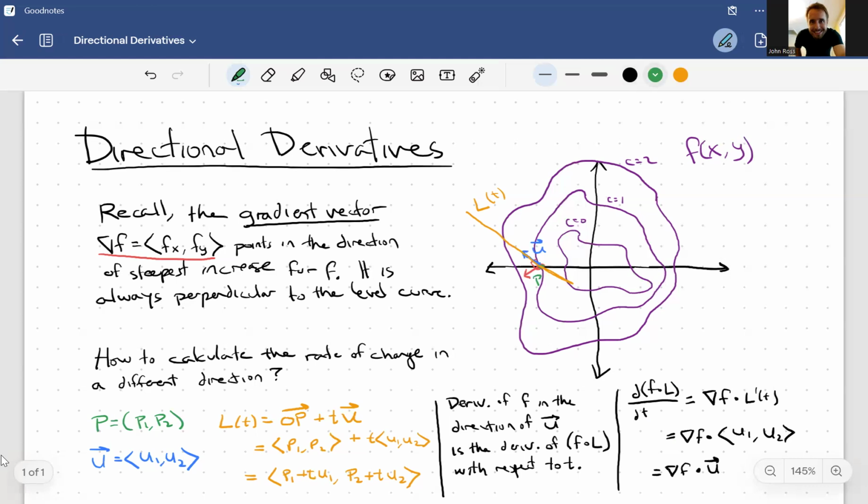Now, I should have put this earlier, but I'll conclude by saying that we have some notation for the directional derivative. We write it with a big capital D, indicating that it's a directional derivative.